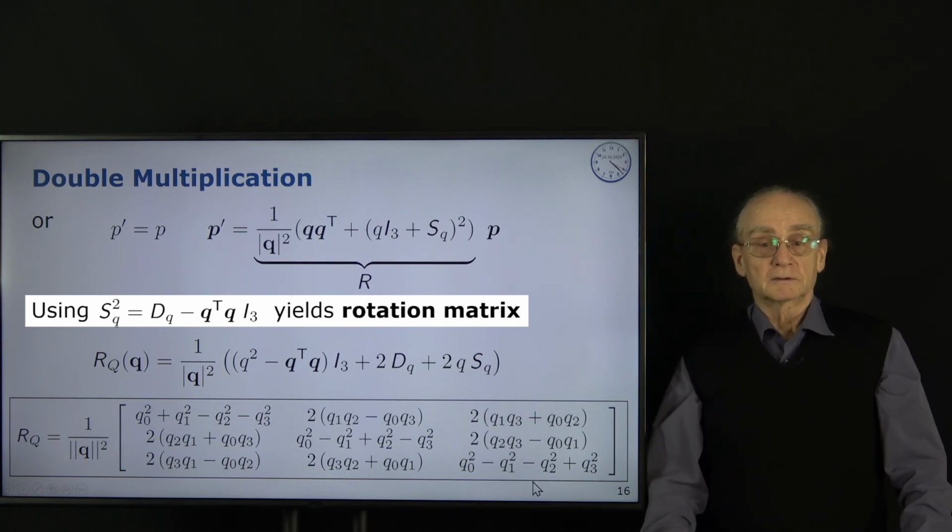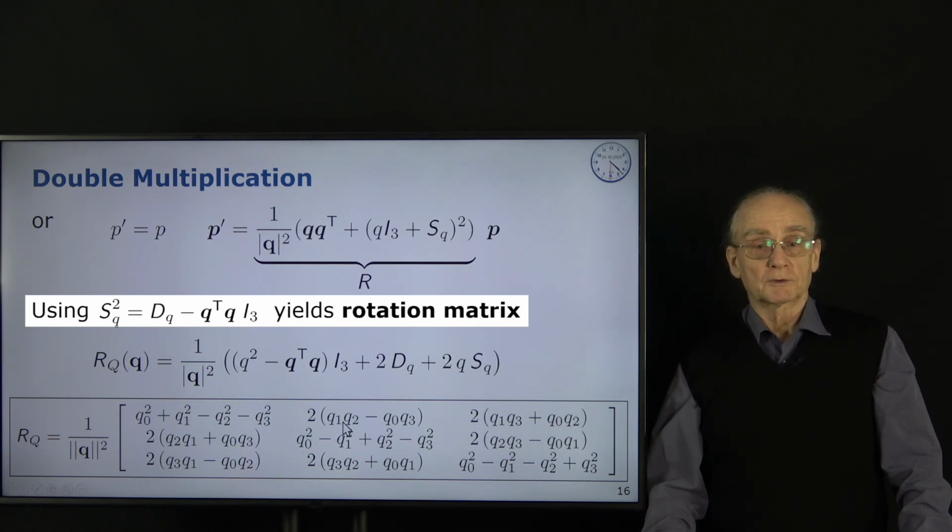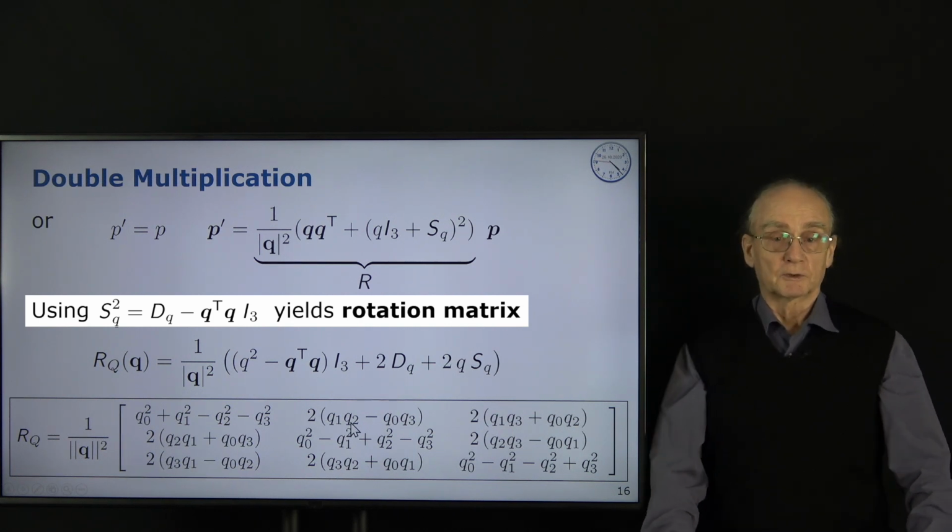The off-diagonal terms are 2 times the difference of 2 products. The first product is actually nothing else than, if you have here the index 1, 2, the product of the elements Q1 and Q2. Here 1, 3, here 2, 3, here 3, 1, etc. So the first part is just nothing else than the dyadic product.